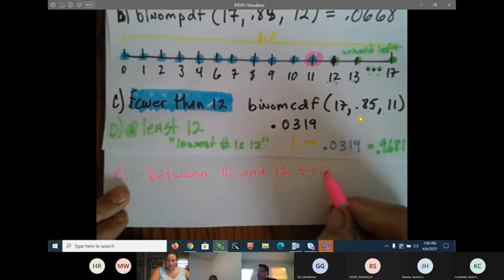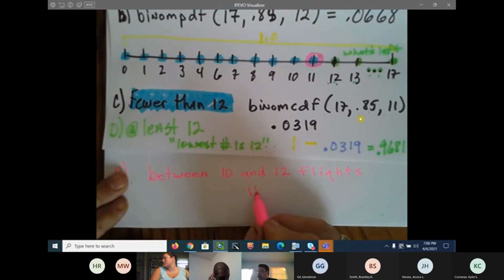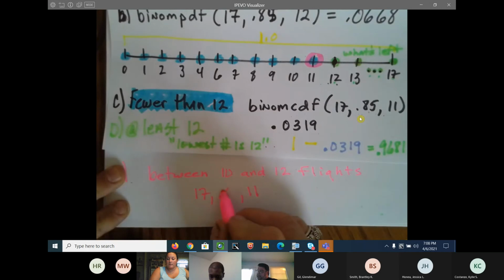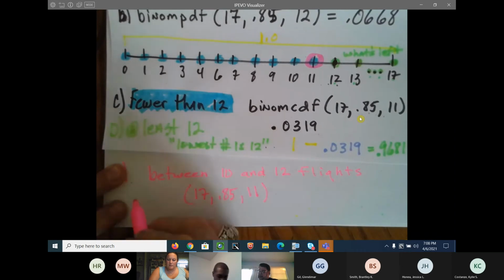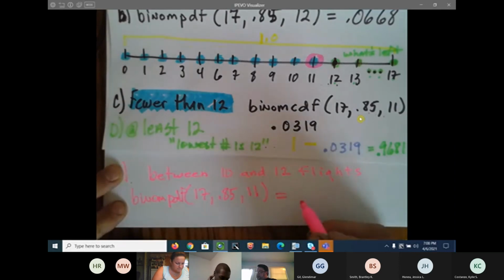What is the probability of between 10 and 12 flights? Well, that's 11. The only number between 10 and 12 is 11. So that's going to be 17, comma, 0.85. And that's going to be binomial PDF. And I need somebody to give me 4 digits, please.